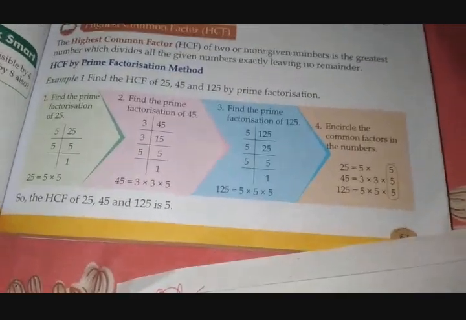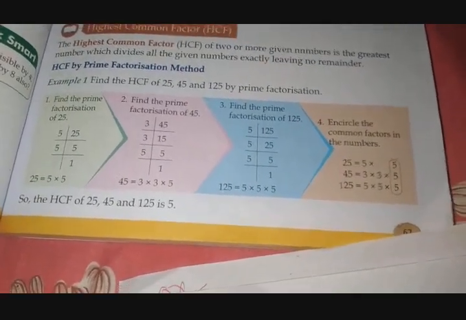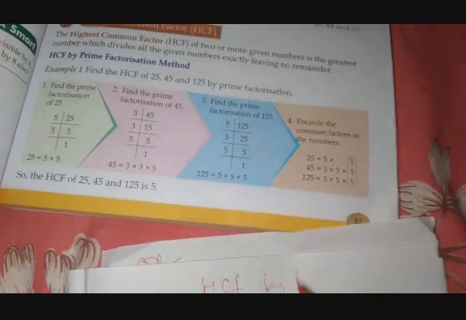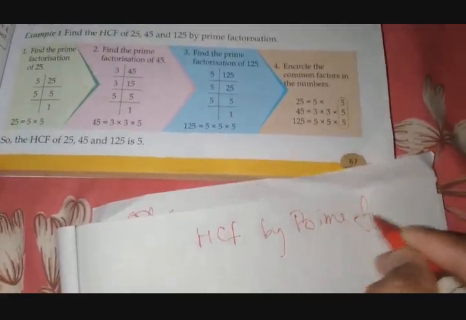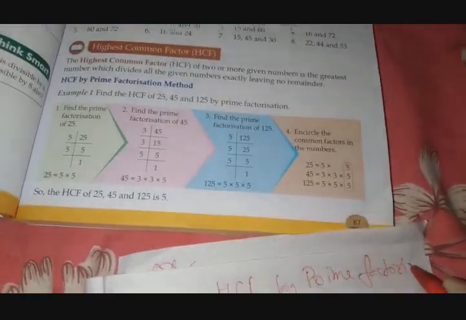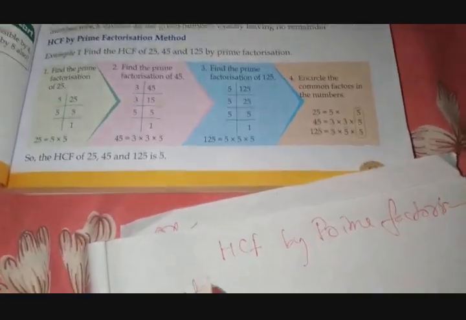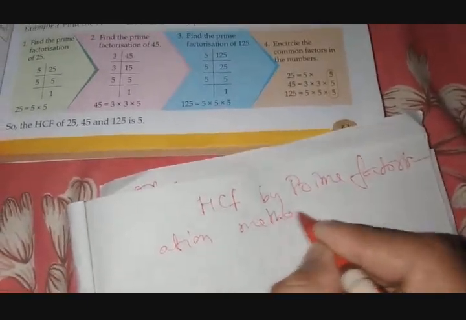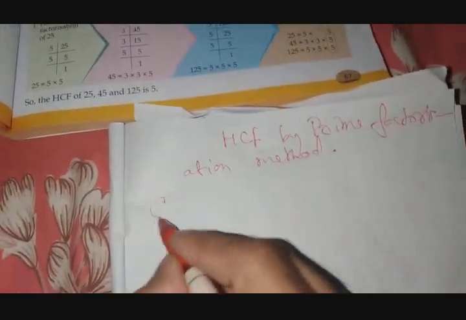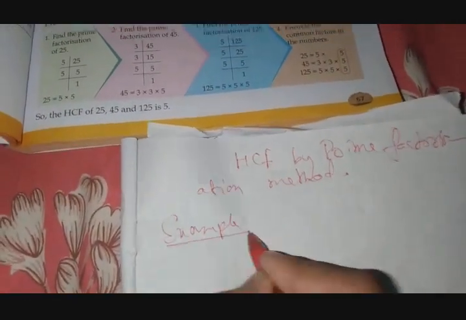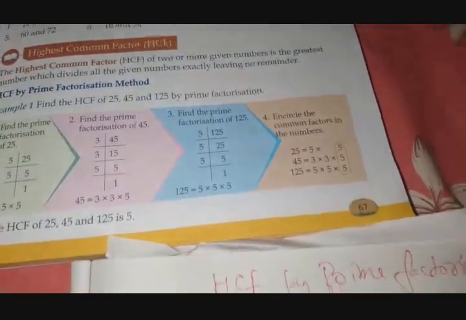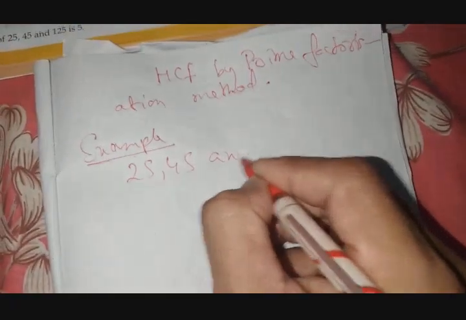So let us do this in our copy also. Example C: HCF by prime factorization method. We have to find the HCF of 25, 45 and 125.